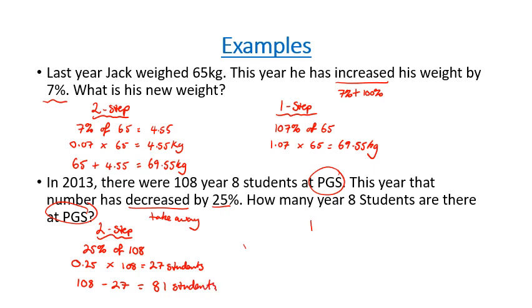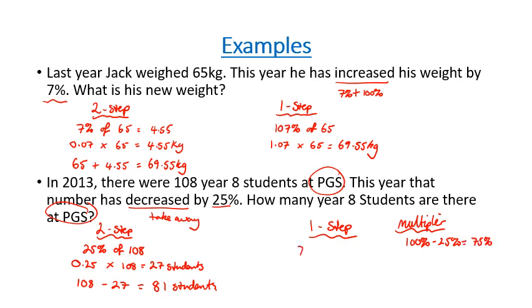If we're going to do our one step, we're going to have a decrease of 25%. So we've got to find our multiplier. Now our multiplier, because this is a decrease, it's actually 100% take 25%, which gives us 75%.